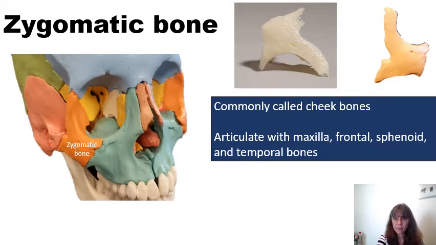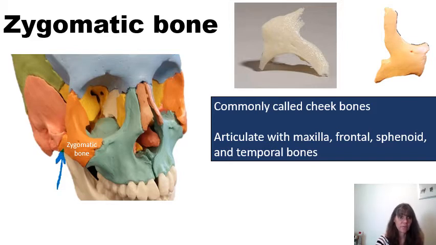The zygomatic bone is also referred to as the cheekbone. And the zygomatic bone has a piece of it that reaches out towards the temporal bone. Just like the temporal bone has a zygomatic process where a piece of the temporal bone is reaching towards the zygomatic bone, the zygomatic bone has a little piece reaching towards the temporal bone, and that is the temporal process of the zygomatic bone.